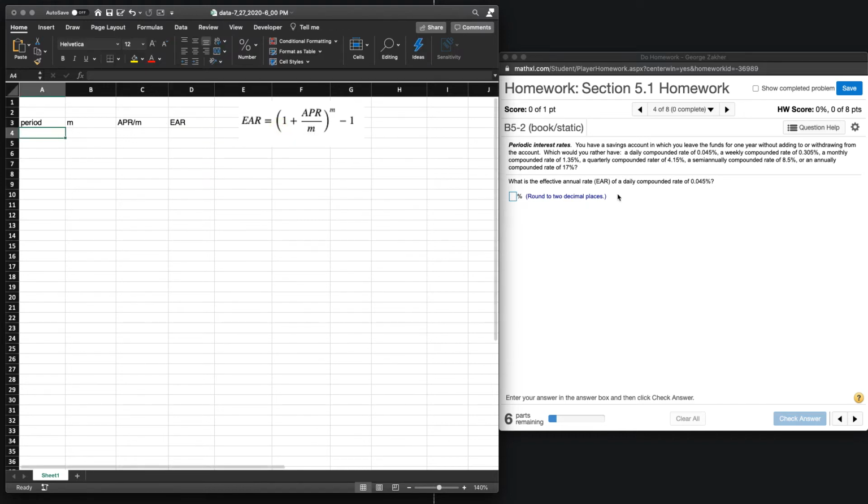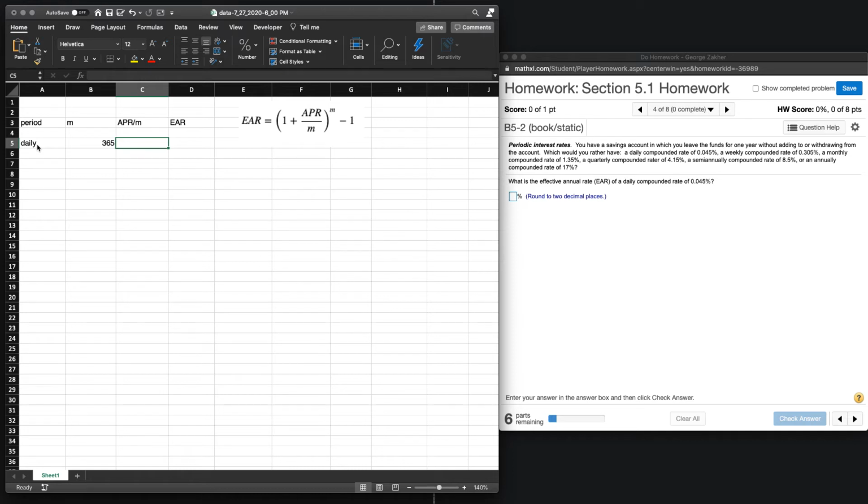Okay, so the first part of the question, we're dealing with the daily compound rate. So daily is our period, okay, so we know it's being compounded every day. So what does that mean in terms of how many times it's being compounded in 1 year? Well, if it's daily, it's every day, so 365 days in a year, okay? Now, our APR over M, recall, is our periodic interest rate.